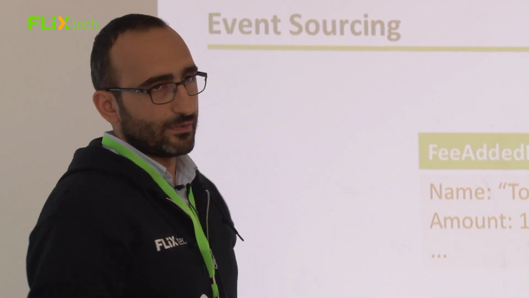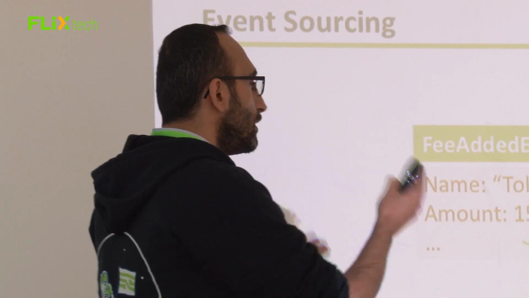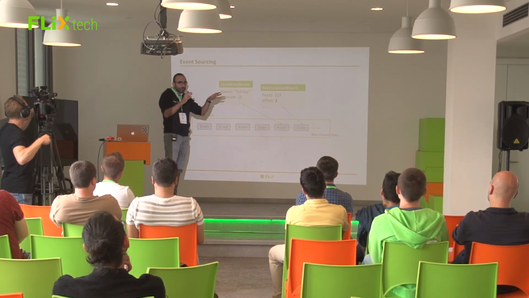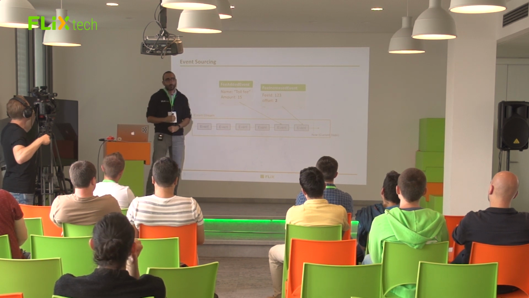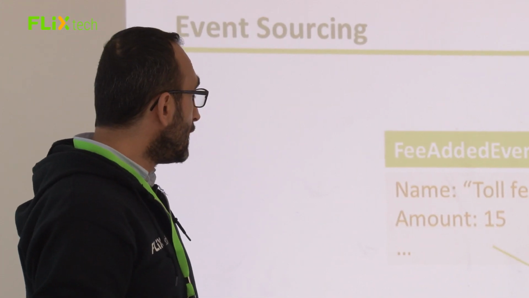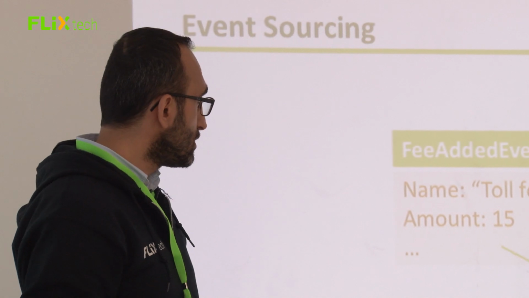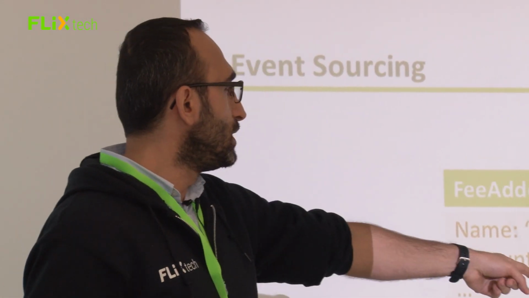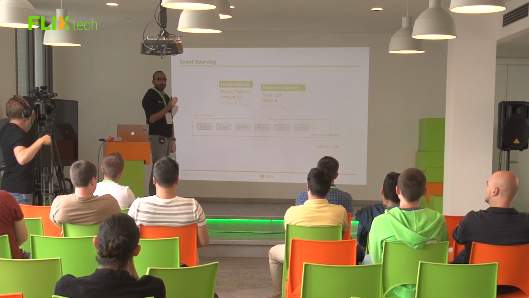We want to increase this 15 by 2. We create another event, we call it fee increase event or whatever, and it has the offset and a reference to our model. And we store it in the event store in sequence. Then we replay the events again, and we get the same fee, but with the number 17.